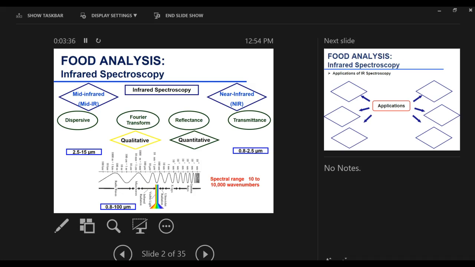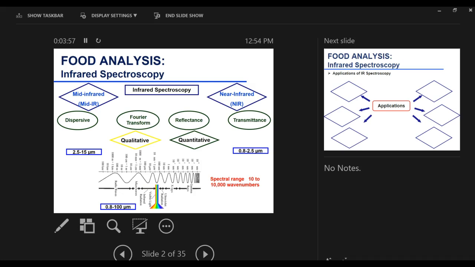Okay, so there are different instruments and tools for mid-IR. Some are based on dispersive instruments, some are Fourier transform, and some are reflectance, some are transmittance. So we will be talking about the different types today. And with these different types, you can do qualitative or quantitative analysis.